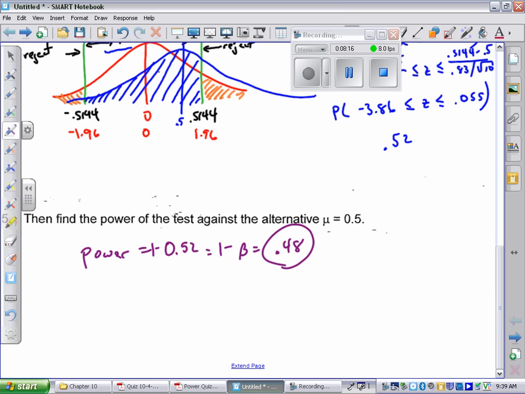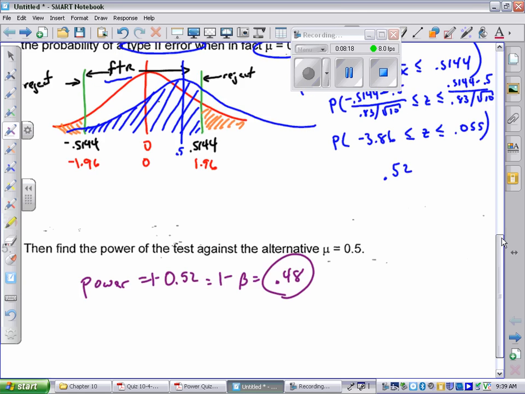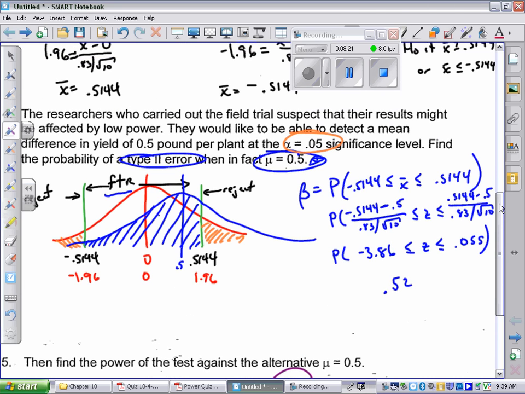In other words, there's a 48% chance, if I believe 0, but 0.5 is actually true, that my X bar will fall in the reject region of the blue curve, thereby telling me to reject H0, thereby making a correct decision. That's power. That's a good thing.